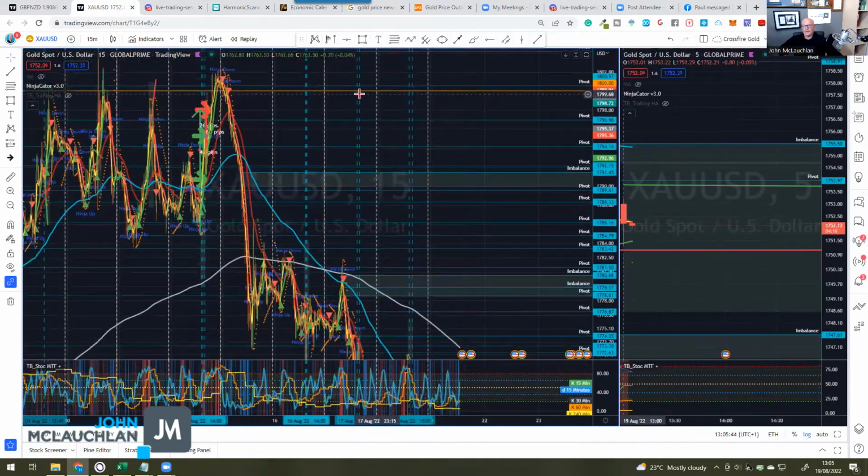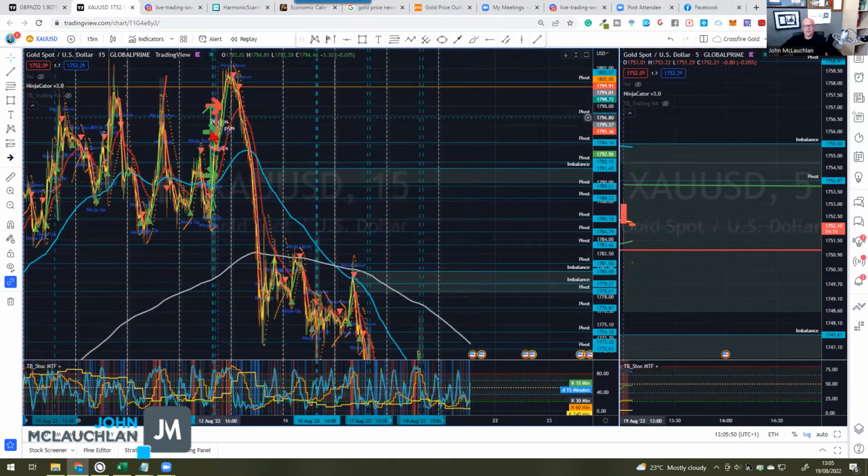So this beige line here was the rejection point for gold, and we worked up. Last week we made some pips on the way up, and then on the way down, because we had news coming in, I set a pending order just after the session closed, and it dropped down. The pending order kicked in, the exit manager kicked in as well, and we made some decent pips on that.